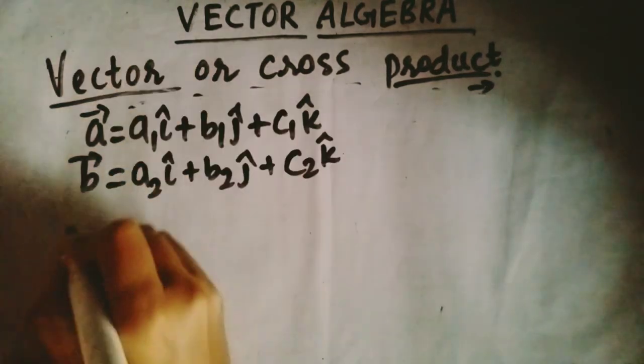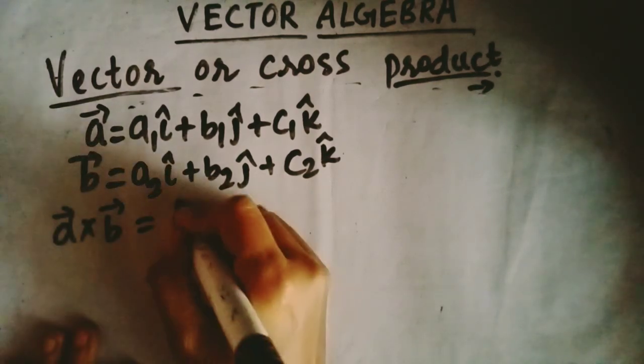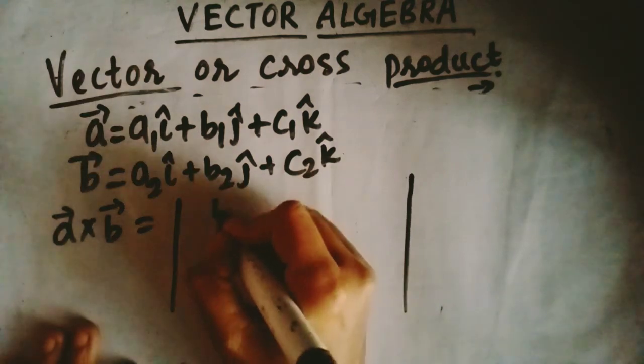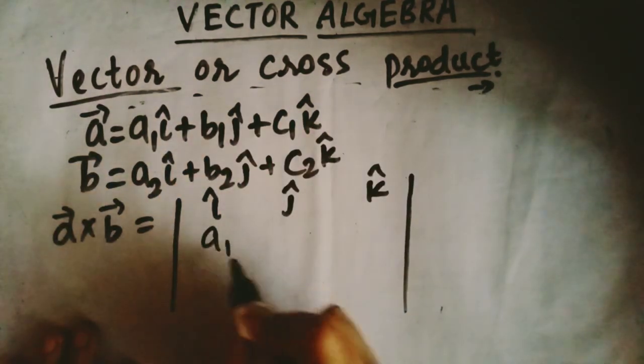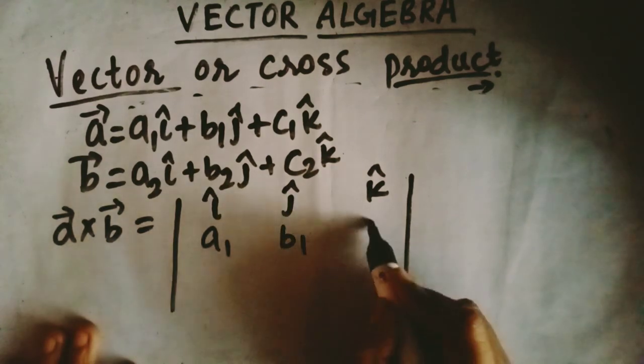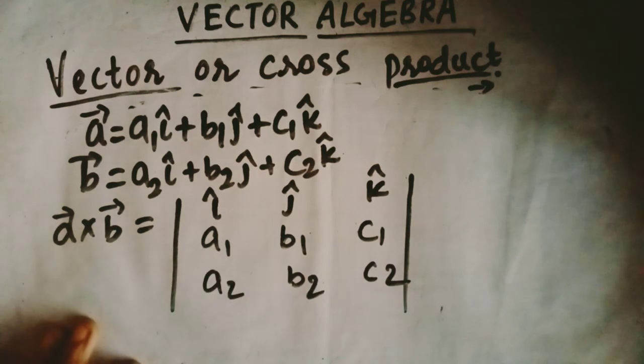Now cross product is given by the determinant: i, j, k, a1, b1, c1, a2, b2, c2. Okay, so this gives you the cross product.